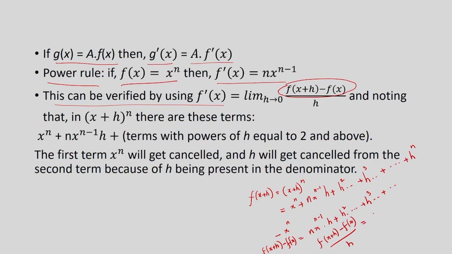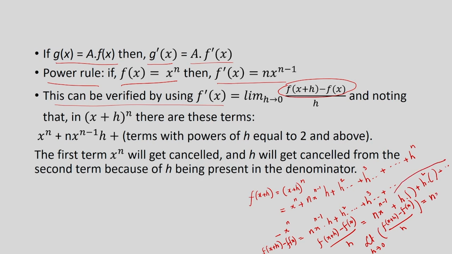If I divide it by h, then I have n multiplied by x to the power n minus 1, since h gets cancelled, and then h multiplied by something plus h squared multiplied by something, and so on. Now, in the limit, the other terms will vanish, all these terms will go to 0.